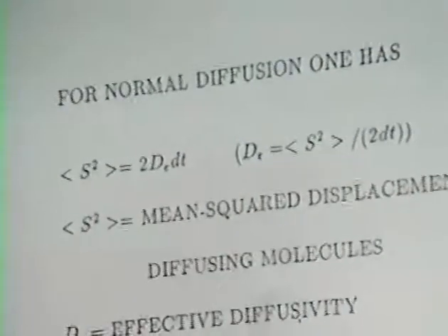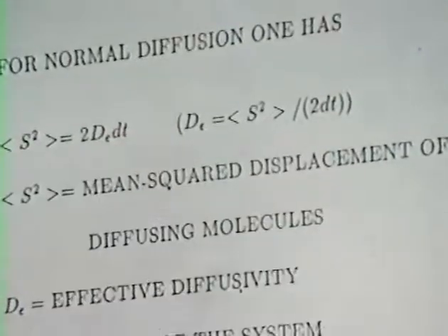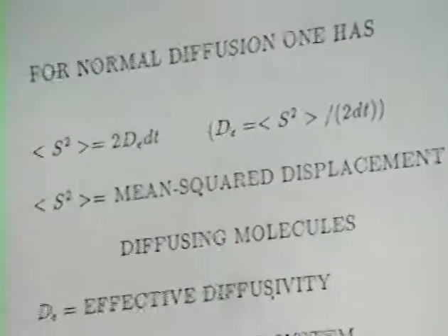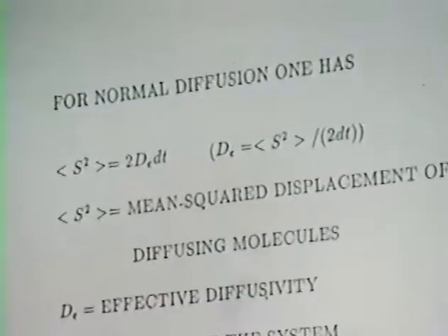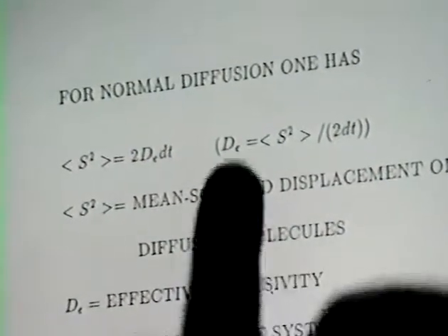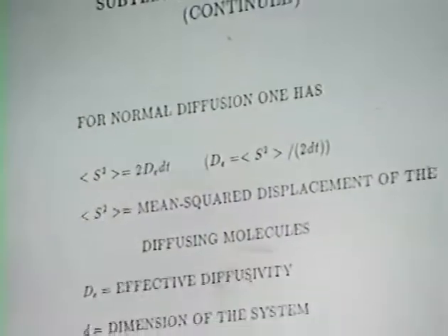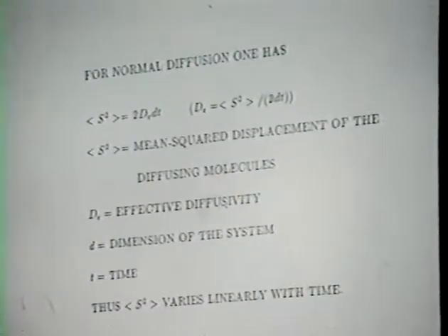Now, if we do have a fractal structure, that means that if you have a diffusing molecule in such a system and you calculate its mean square displacement, from the Einstein equation, this mean square displacement should go like 2 times the effective diffusivity times the dimension of the system times time. Or you can use it as a definition of D_E. D_E is the ratio of the mean square displacement and 2dt, where D_E, as I said, is the effective diffusivity.